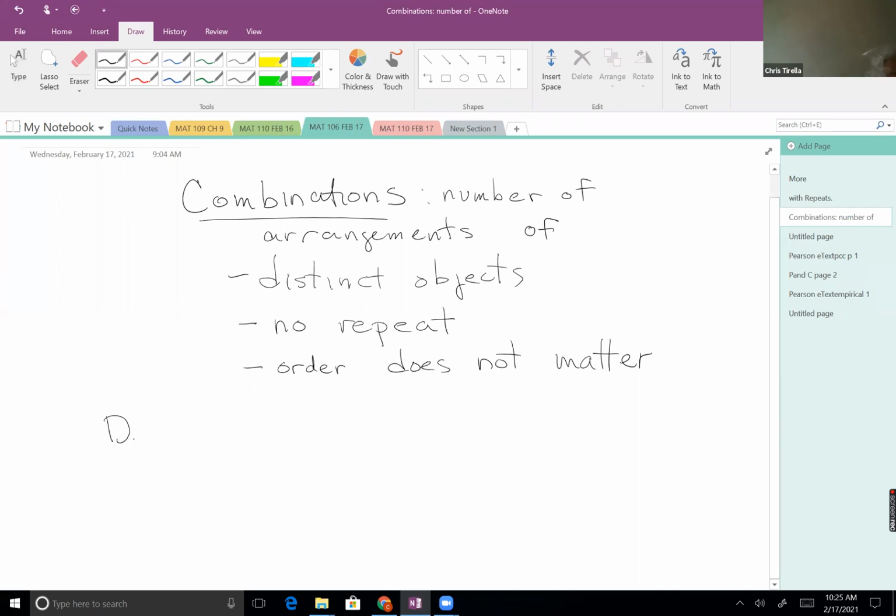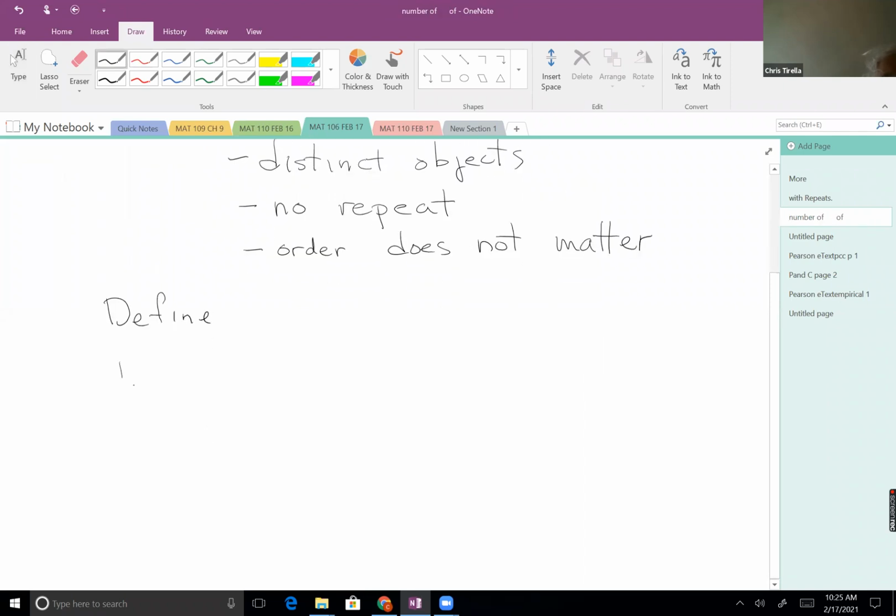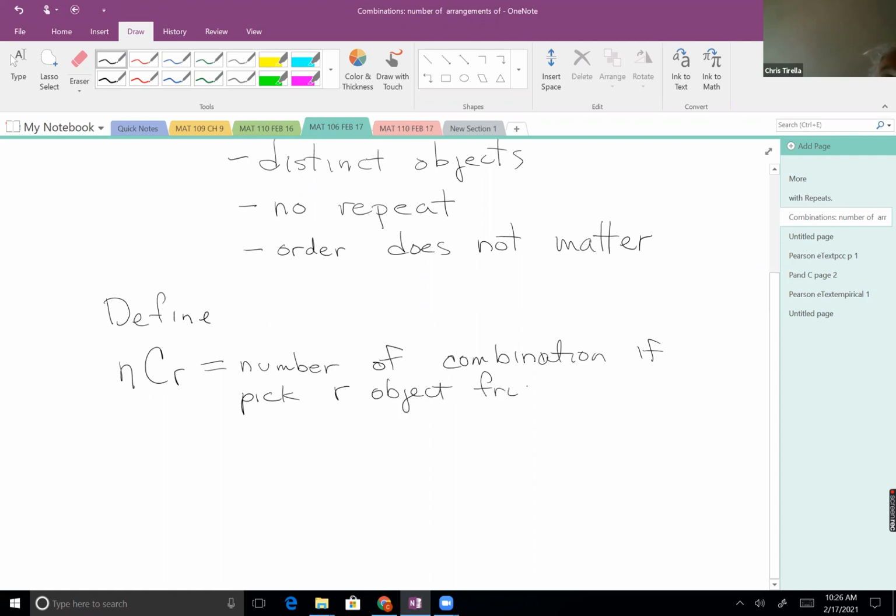Permutations, order matters; combinations, it doesn't. We're going to define nCr as the number of combinations if we pick our objects from n choices.